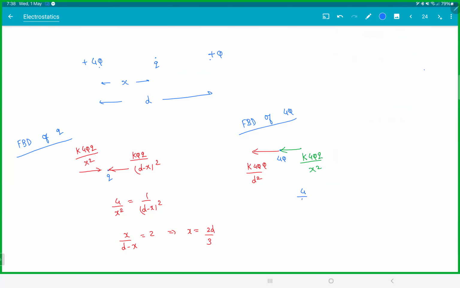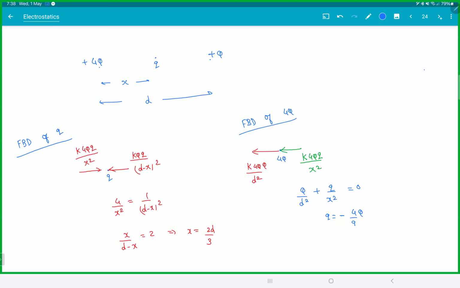This will be 4 by d square plus q by x square. So q will be 4 by 9 capital Q. The signs will take care. You just assume everything is positive and you solve, the signs will take care. The 4q net force should be 0. But we can feel it is a negative charge.